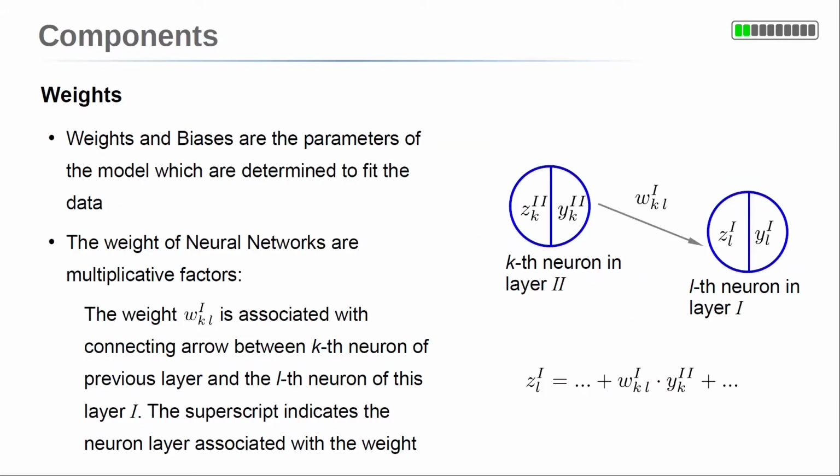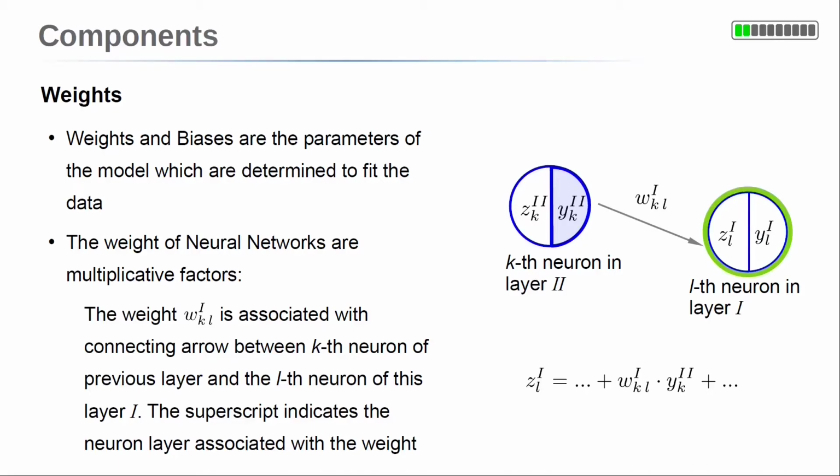Now, we will take a closer look at the parameters of this neural network. These parameters are called weights and biases. The weights are the multiplicative scaling factors of an input. The example on the right shows 2 connected neurons somewhere within the neural network. The k-th neuron of layer number 2 outputs values of the variable yk with the layer superscript 2.